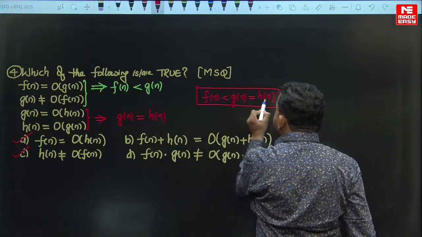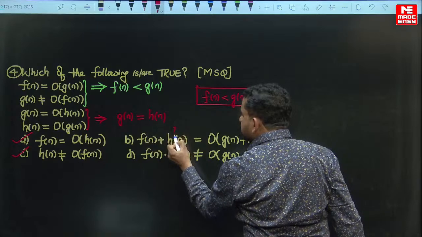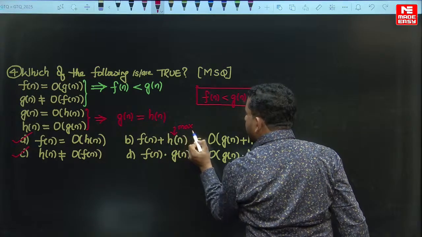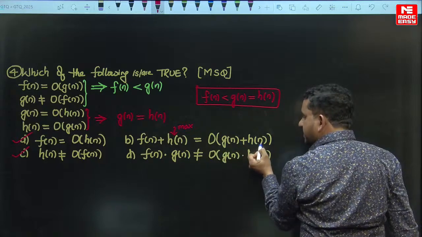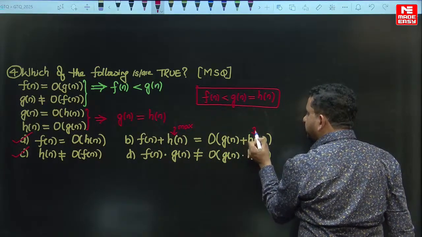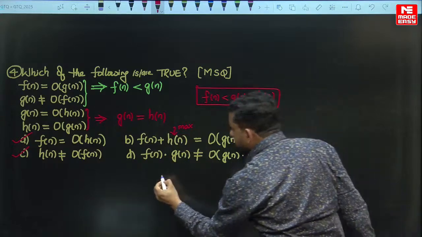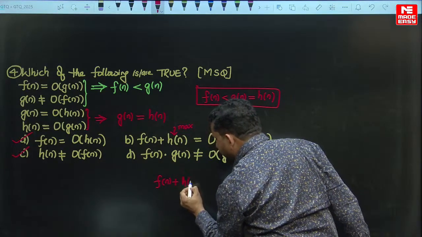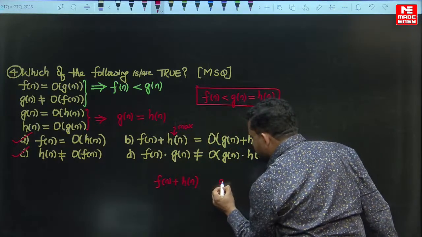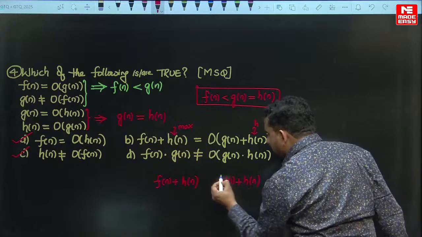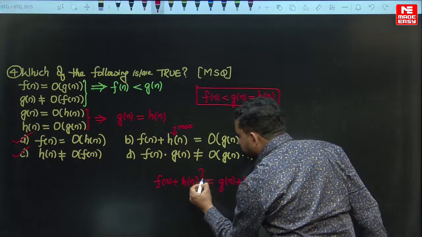If you take f plus h, the maximum term, the leading term, is h of n. And in g plus h, the maximum term is also h of n. So f of n plus h of n and g of n plus h of n are asymptotically equal.